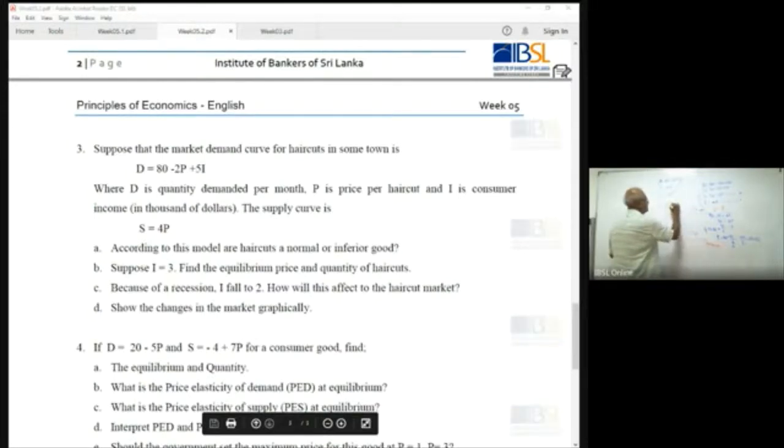D equals 95 minus 2P. Now this quantity is quantity 63.32, and the price is $15.83.